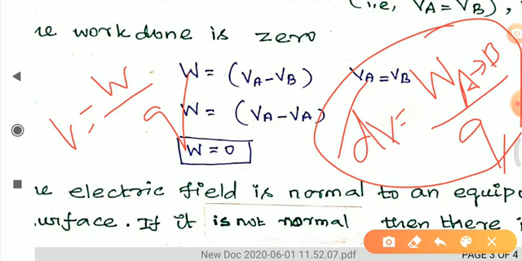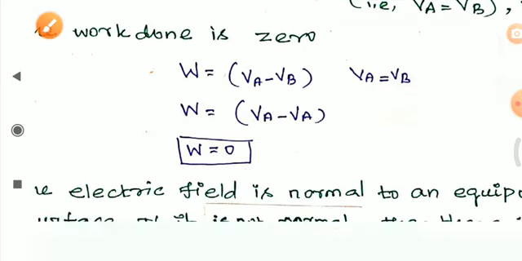What is A to B? Potential difference means from one point to another point. From which point to which point? From the point A to B. That's why we can represent dV is equal to W A to B divided by Q. That is, the work done to move the charge from the point A to B is known as the potential difference. Actually, this is the formula for electric potential difference. This is also one of the formulas; if you want, you can note it.